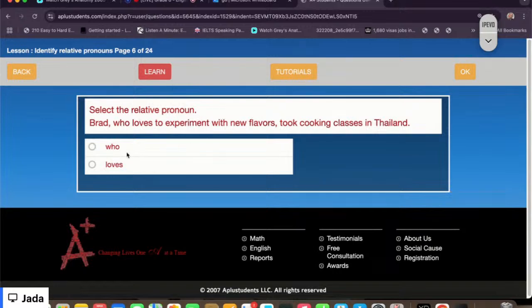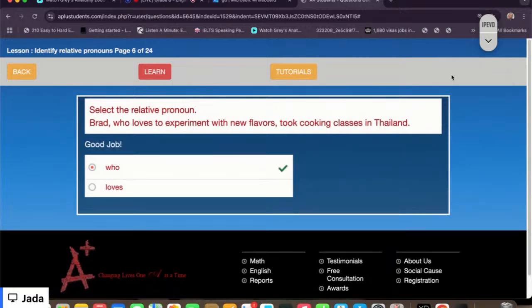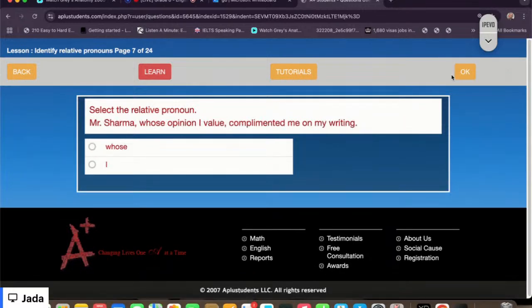Okay. We have who here. We just selected the relative pronouns here. So, Mr. Sharma, whose opinion I value, what's the relative pronoun here? We just have to identify relative pronouns.